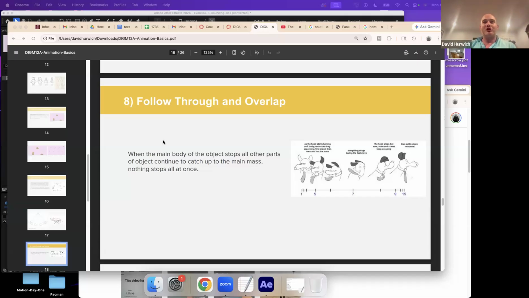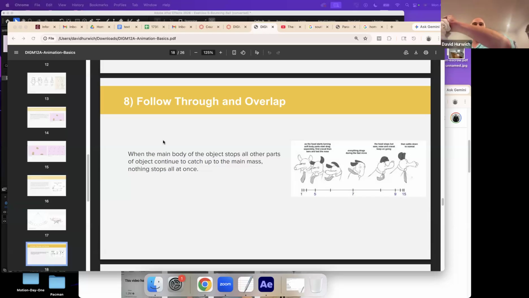Usually when I demonstrate this for my students, if I was wearing a cape, or I had really long hair, just try to imagine me with long hair. I know it's hard. But if I jumped, my hair would be following my main body, but when my main body stops the hair wouldn't stop. The hair would take a half second, a quarter second to catch up to the rest of me.